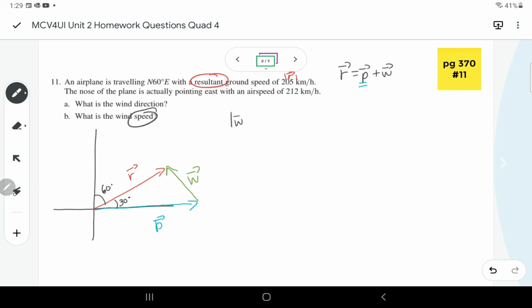So the magnitude of the wind, this is going to be cosine law. So I've got 205 squared plus 212 squared minus 2 times 205 times 212 times cos 30.